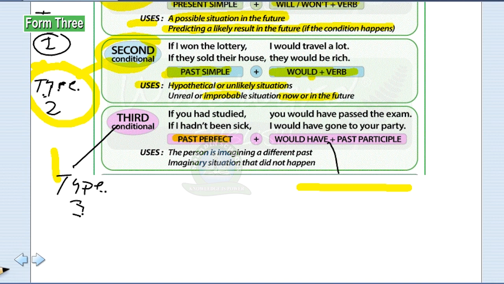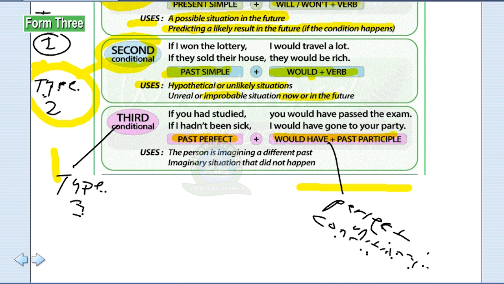Perfect conditional. Sorry for the handwriting. It consists of past perfect and perfect conditional.